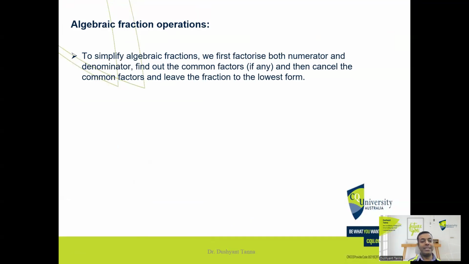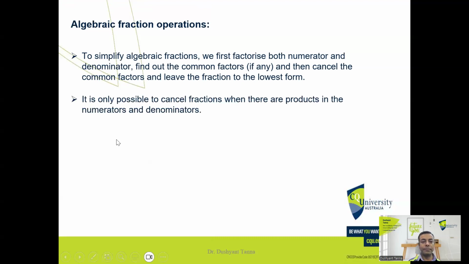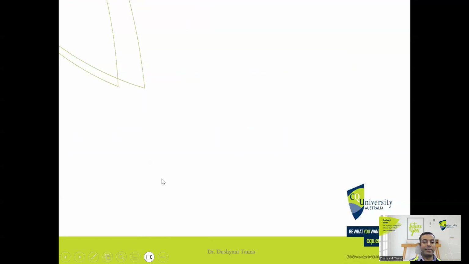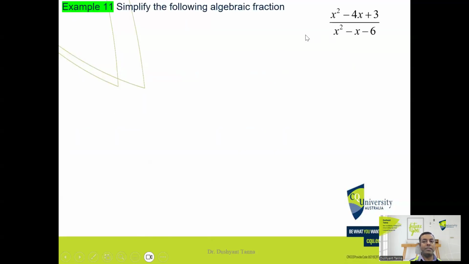You just factorize and cancel the common factors. Factorize requires sum to be changed in product, the same AC method, and then canceling the common factors. So what you do, factorize the numerator, factorize the denominator, and then cancel out the factors which are common.